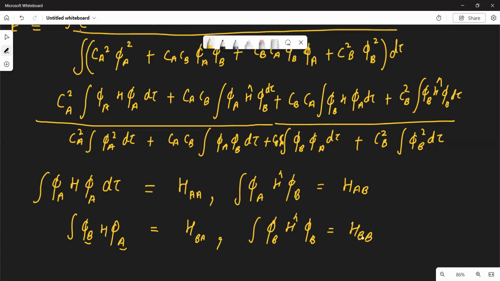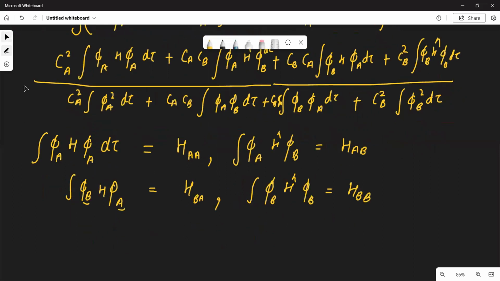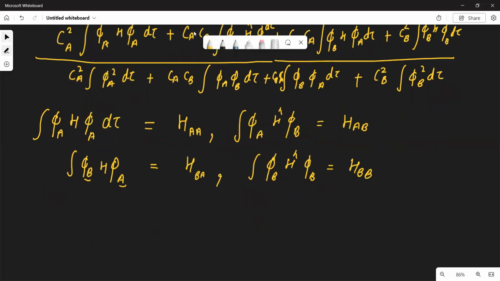Now similarly we will give notations to the terms in the lower integral. The integral of phi square A is represented by SAA, and phi square B is denoted by SBB.